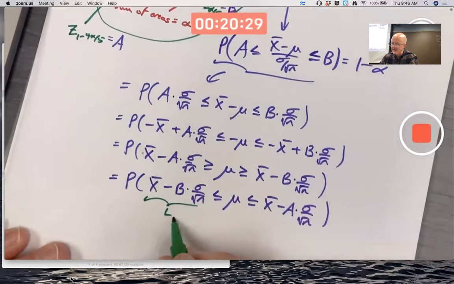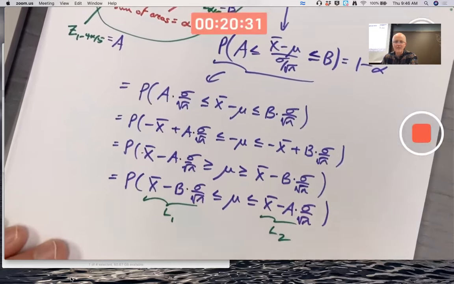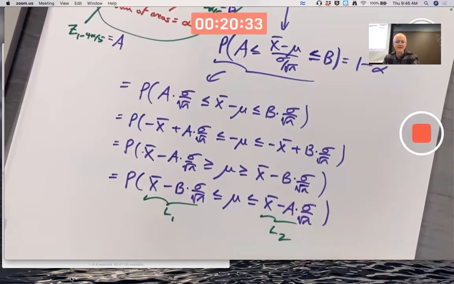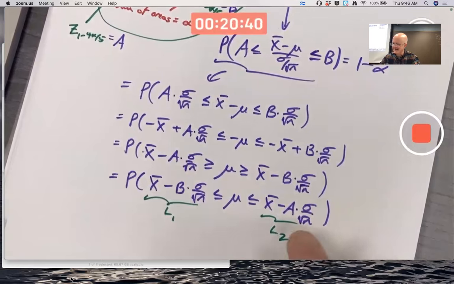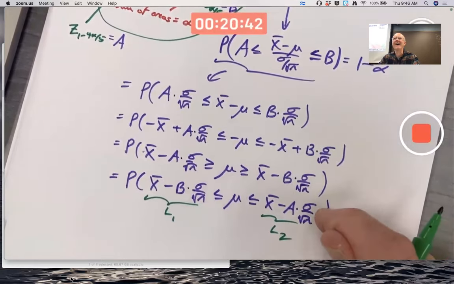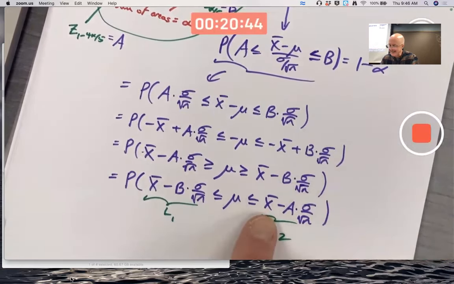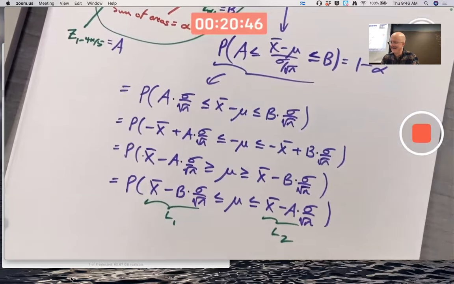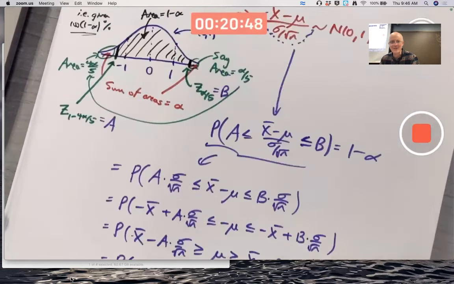There's L1 and there's L2, but wait a minute. They both have minus signs. Can that be right? That one in particular. How can there be a minus sign there? Did I do something wrong? No, I didn't do something wrong, actually.